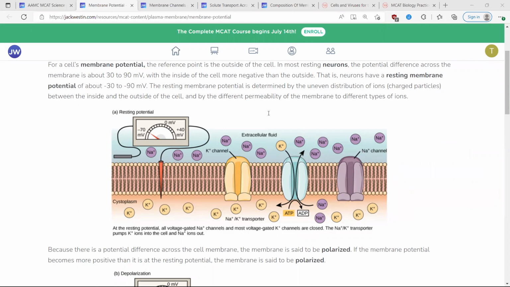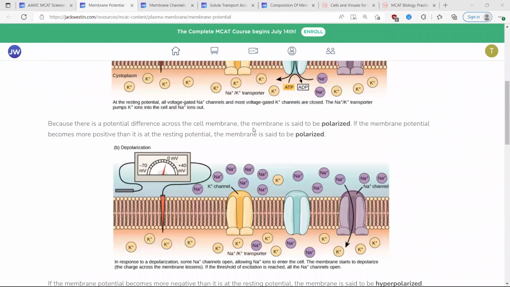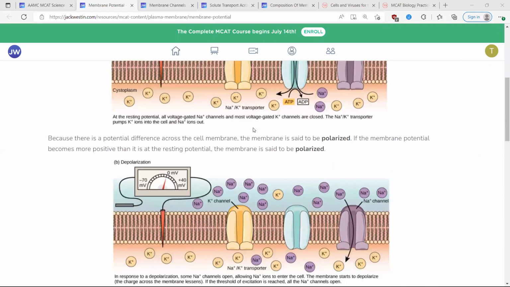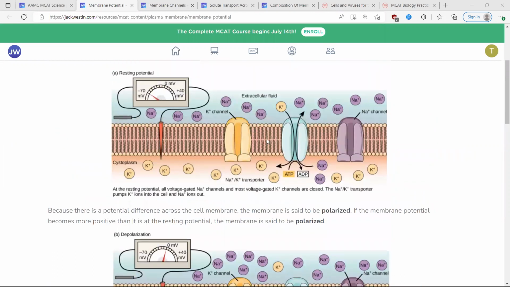Now this is just resting, but other things can happen to the cell. Remember that we talked about polarity, right? We talked about polar molecules, and we said that polar molecules are negative, not necessarily negatively charged, but they have negativity, they have more electrons.